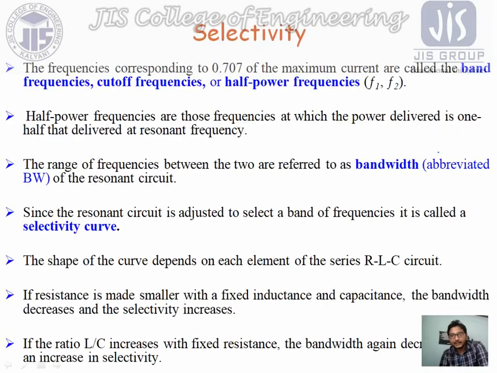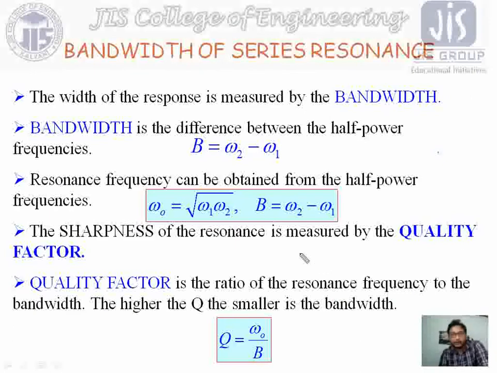Similarly, another definition of the quality factor that we know is the ratio of omega 0 to bandwidth. Now if we change this bandwidth, then the quality factor will also change.